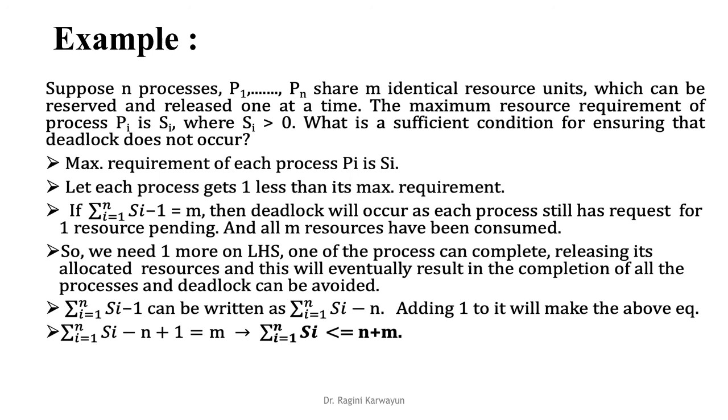So for i equal to 1 to n, the sum of Si minus 1 is equal to m. Then deadlock will occur as each process still has a request for one resource pending, so all m resources have been consumed. So in the last two statements we have just rewritten the equation to get the final answer, that is, the summation of Si should be less than or equal to n plus m.